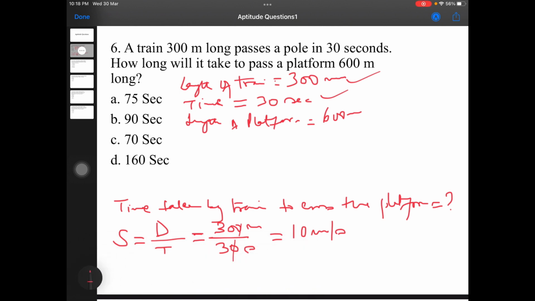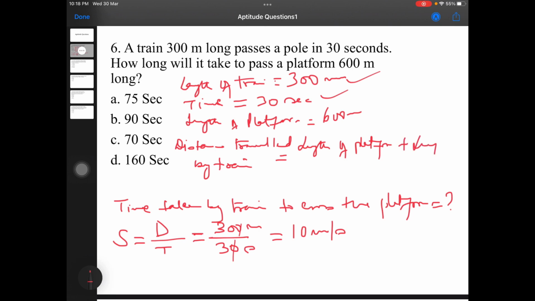And then we have to find the total distance traveled by the train. Total distance traveled by the train to cross the platform is equal to length of platform plus length of train.